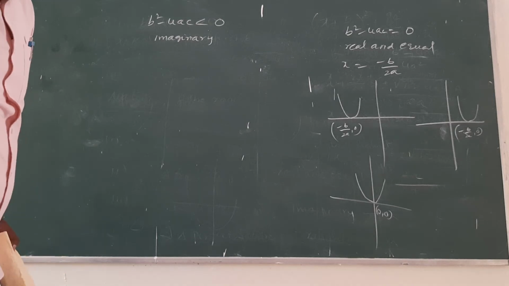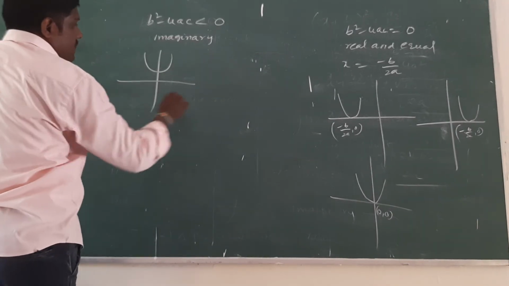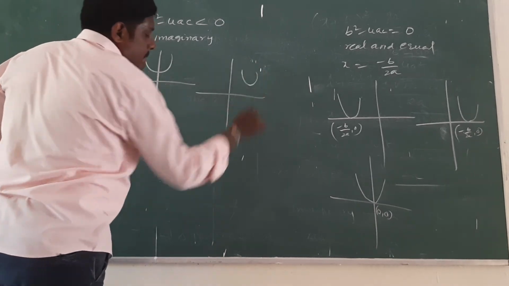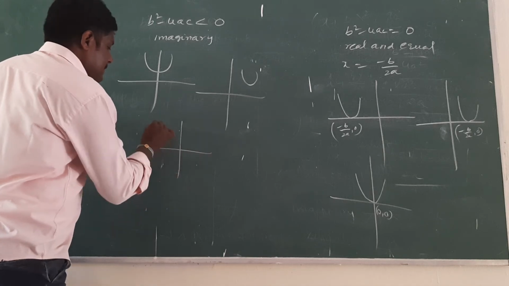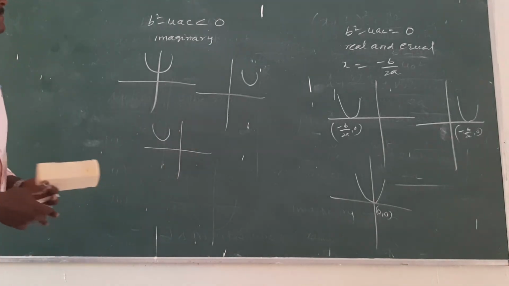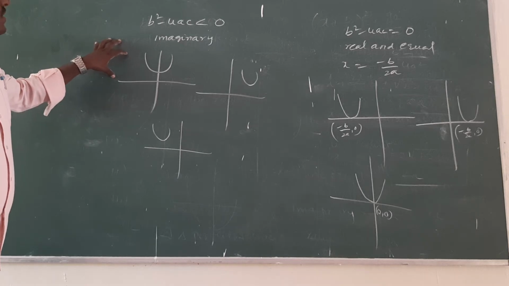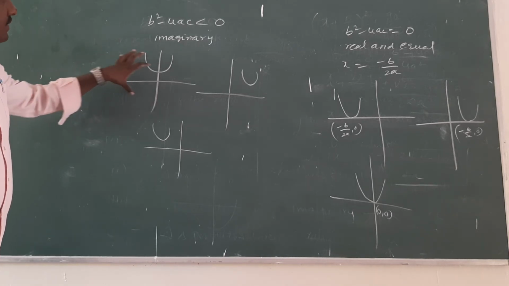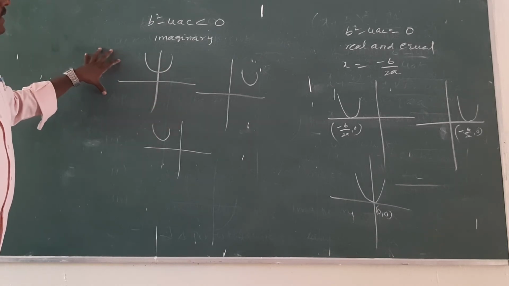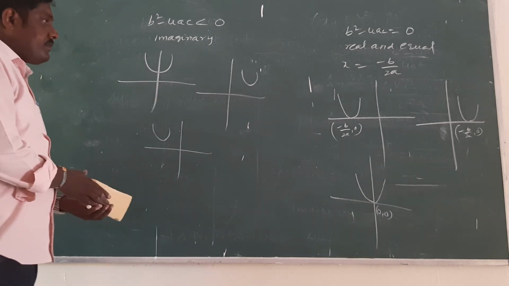In this case, the shape of the graph comes like this. Here, the graph doesn't touch the x-axis. That's why the roots of this quadratic equation are imaginary. Okay.